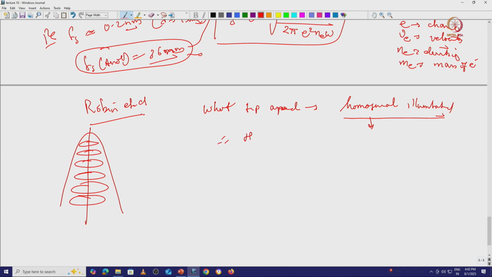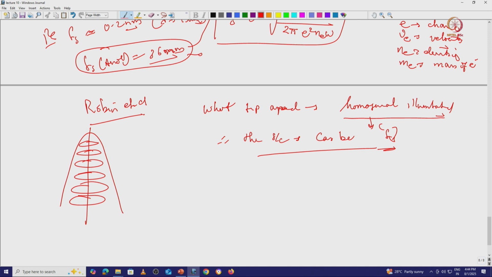Therefore, the surface can be regarded as heated over a width of delta S. Okay, and it can be regarded as heated, with heat diffusion from the layer towards the core of the tip over a time t.